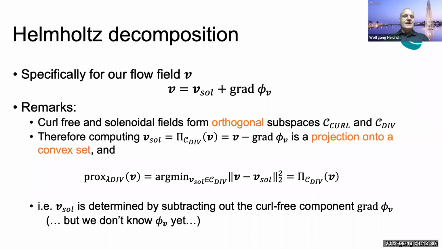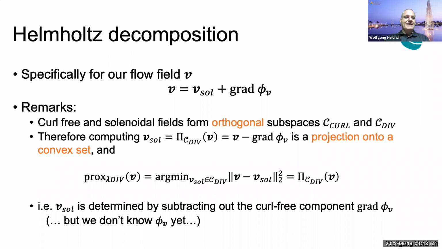But basically, what it means is we can just compute the curl-free field and subtract it out from our arbitrary flow field and get our incompressible, our volume preserving flow.